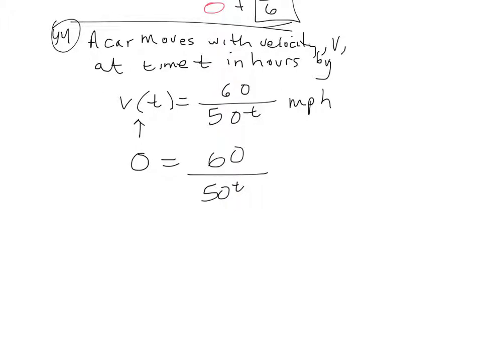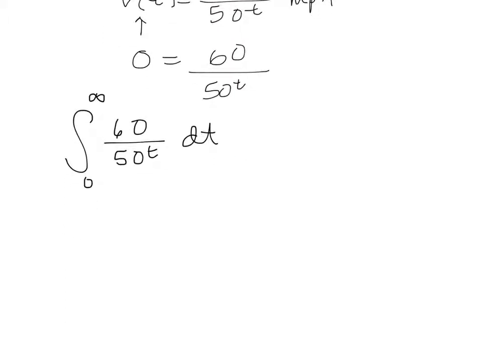Part B says, for the distance traveled, write an integral. Well, from start till we don't know how long it traveled, and then this is just my function, dt. And then part C says to find distances for 1, 5, and 10.